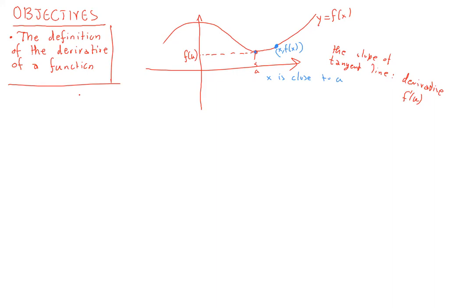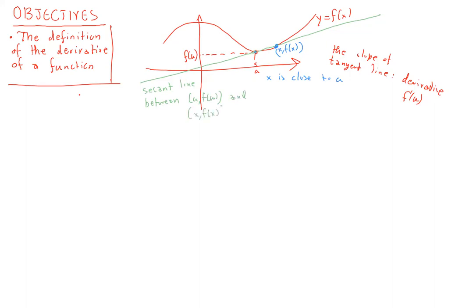And then we sketch the secant line, meaning the line that goes through the point that is of interest to us and that random point close to a that we chose. I'm going to call this the secant line between a comma f of a and x comma f of x.